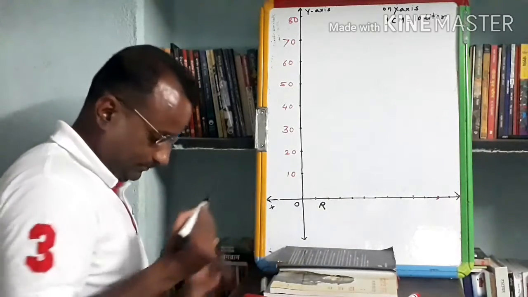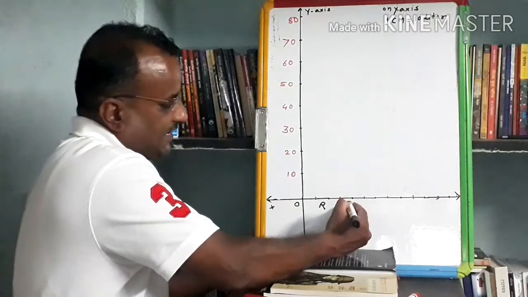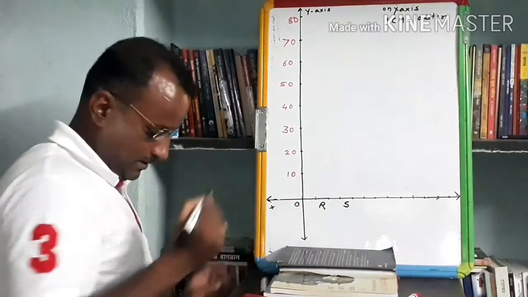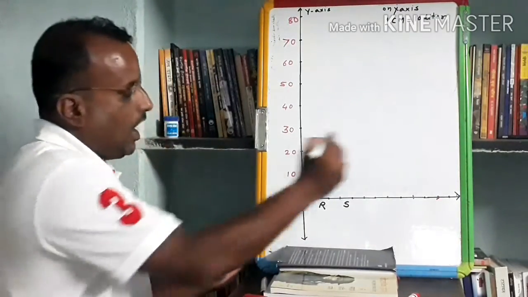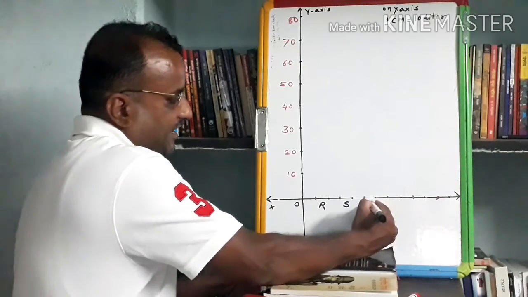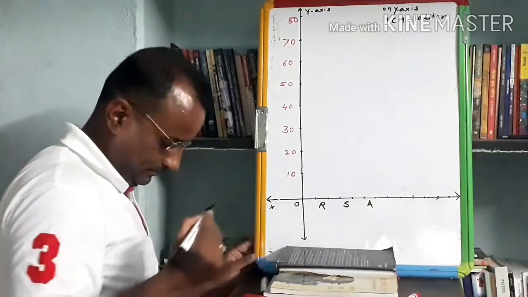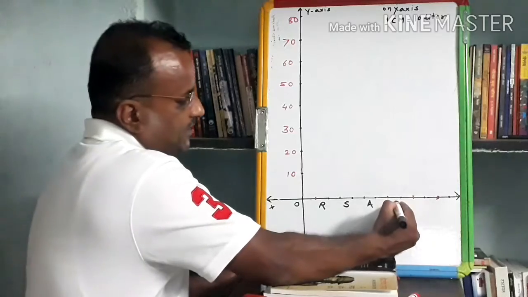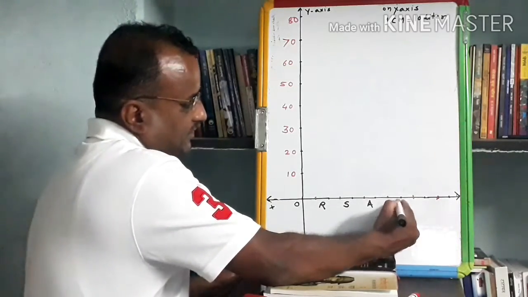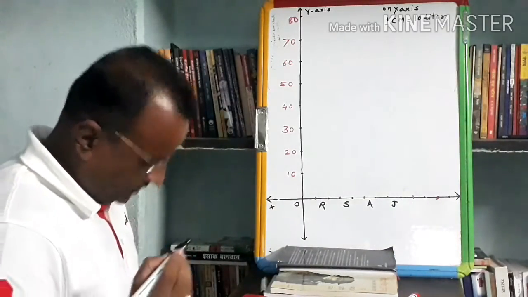Leave one gap more. Then Shobha's family, it is indicated by S. Then Ayub's family, indicated by A. Then Julie's family, indicated by J. And then last, Rahul's family.